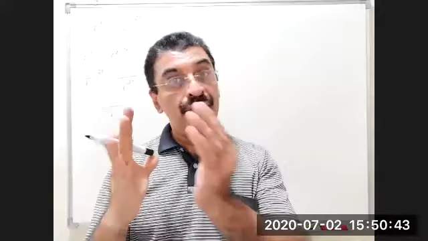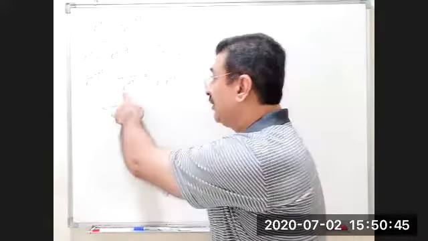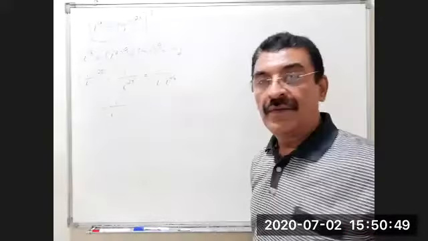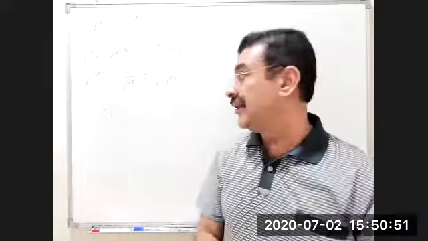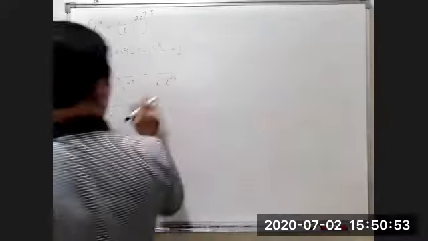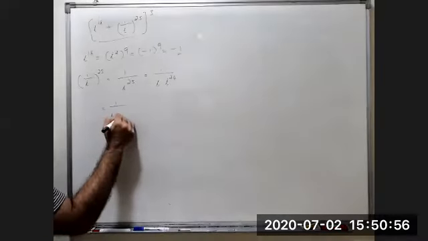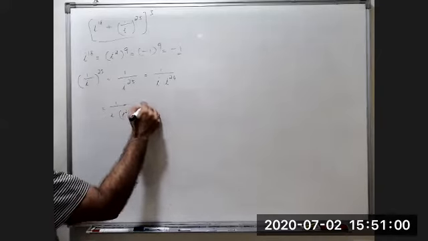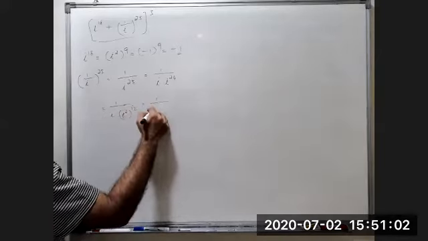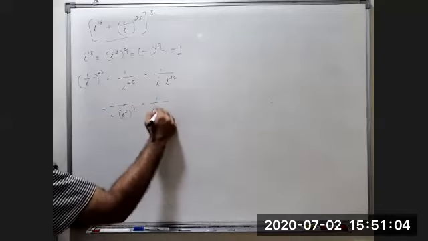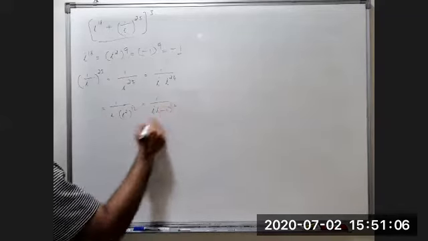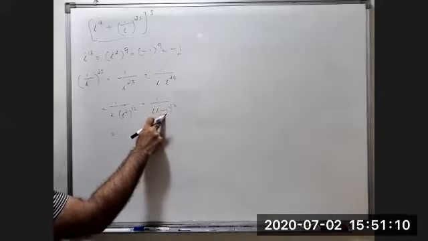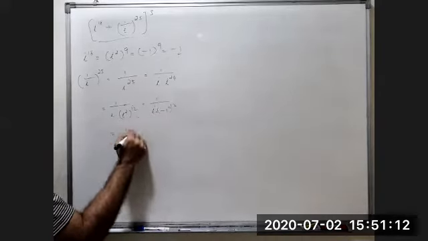If it is an odd power, we take one i separately, remaining even. So i raised to 24, we can write as i square the whole raised to 12. That is 1 by i into minus 1 the whole raised to 12. Again, minus 1 raised to an even number is 1 only. So 1 by i.